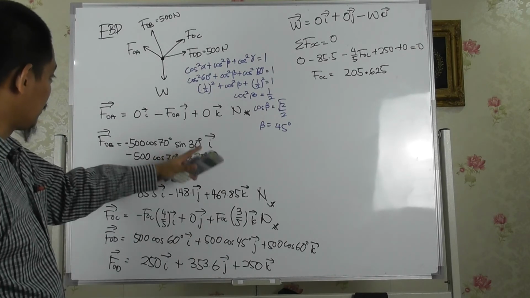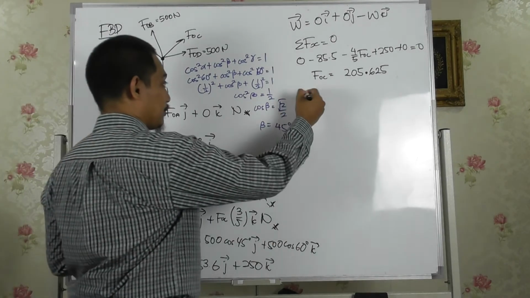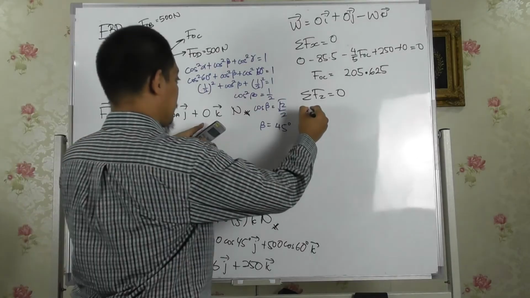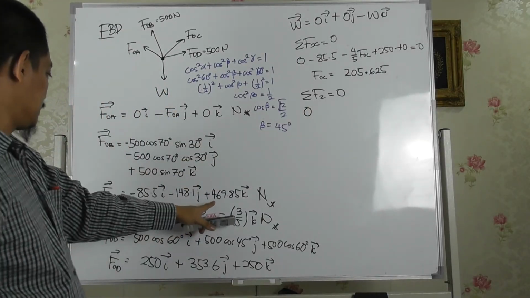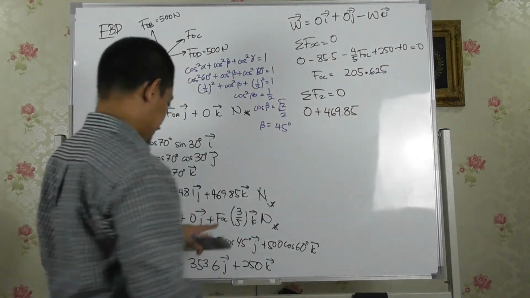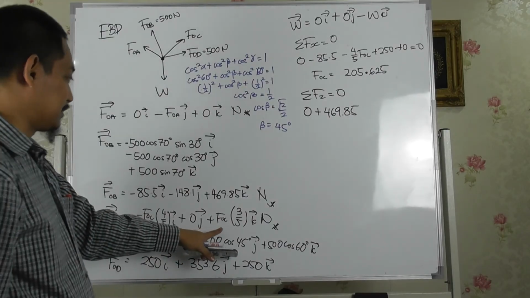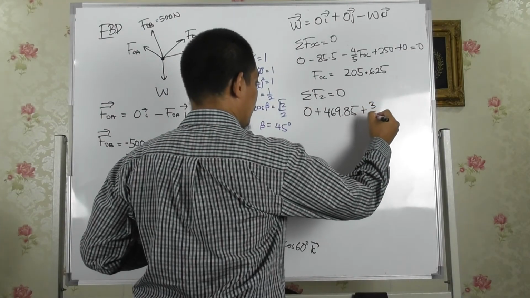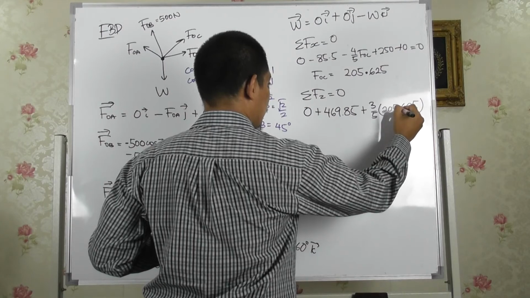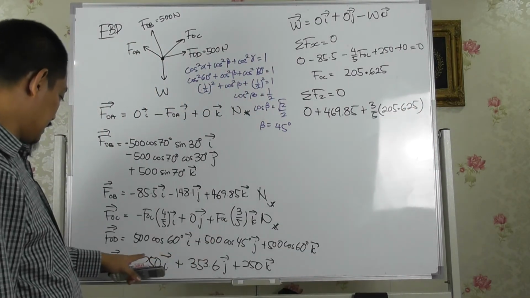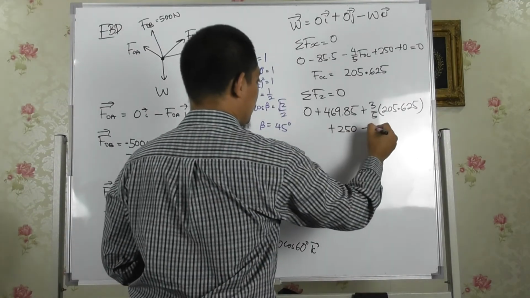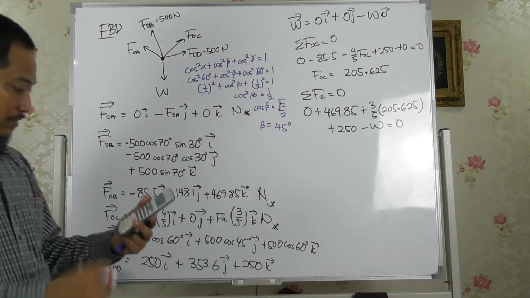Okay, now we know this already. Can we solve for W? So if we do summation of Fz equal to 0, here is 0, here is plus 469.85, and then plus 3/5 FOC, which is this one, 205.625, and then FOD is plus 250, and then minus W equal to 0, right?